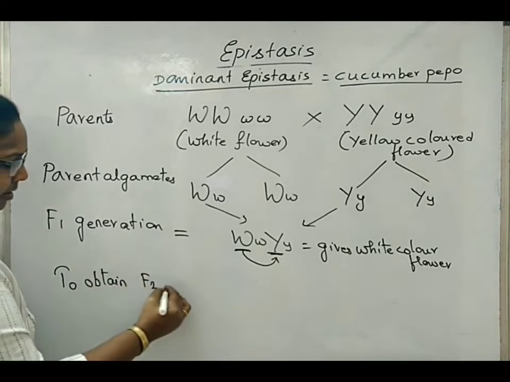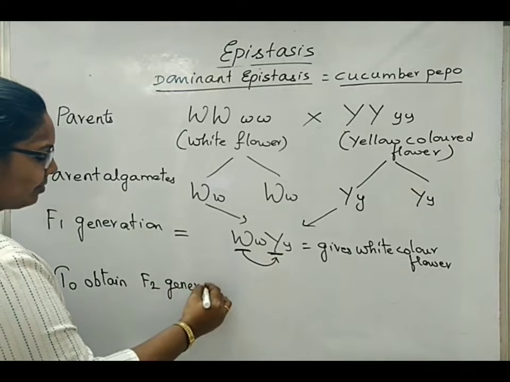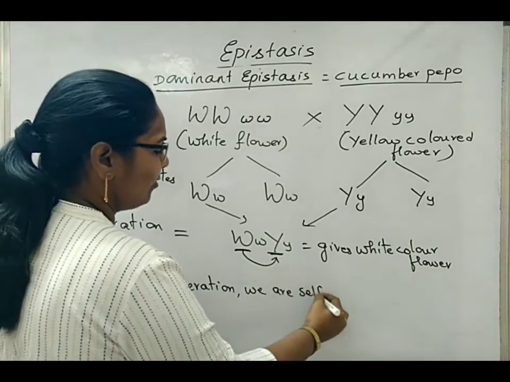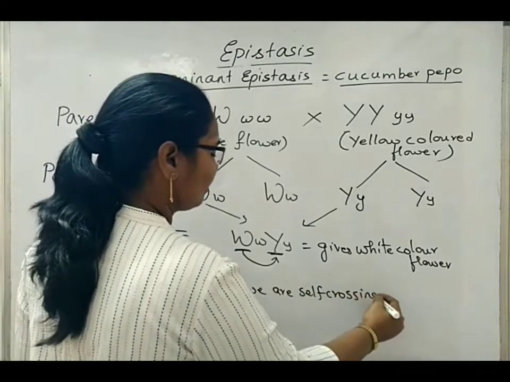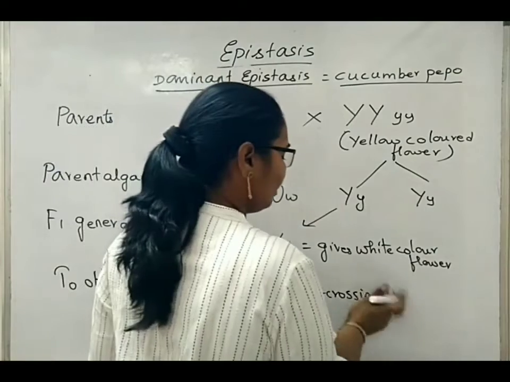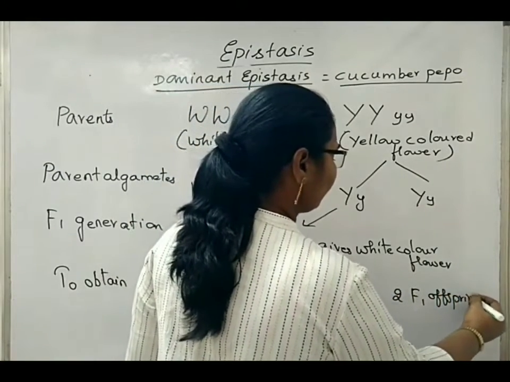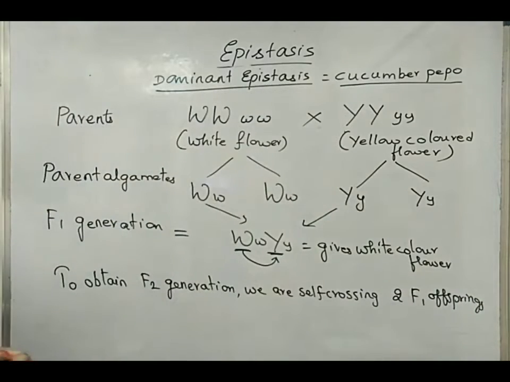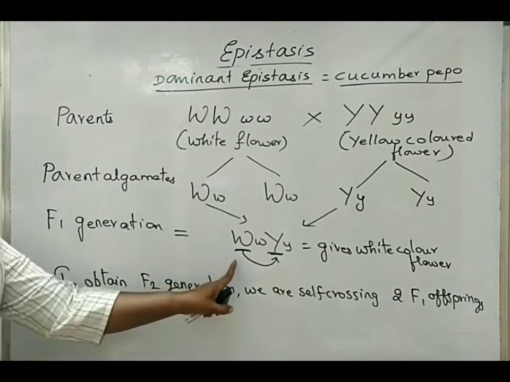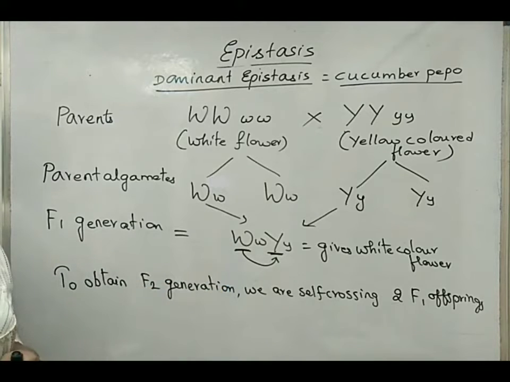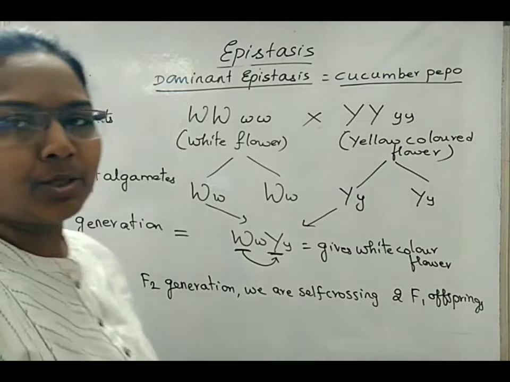To obtain the F2 generation, we are self-crossing the F1 offsprings. Now, we will express the gametes from this one and obtain different combinations of alleles and the phenotypes of those allele forms in a dihybrid ratio by drawing a Punnett square.